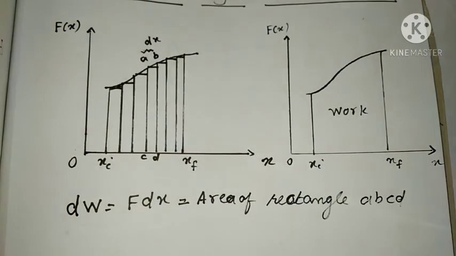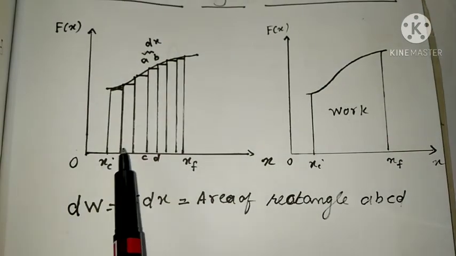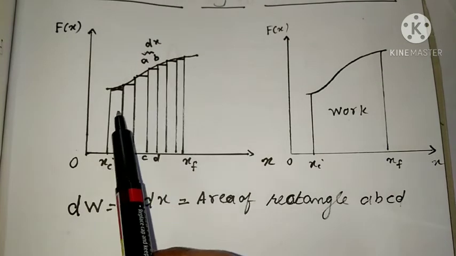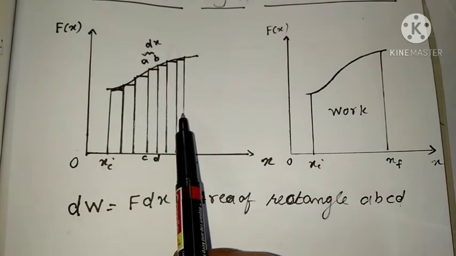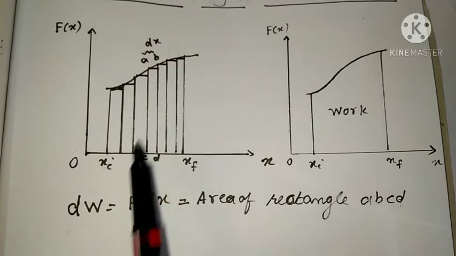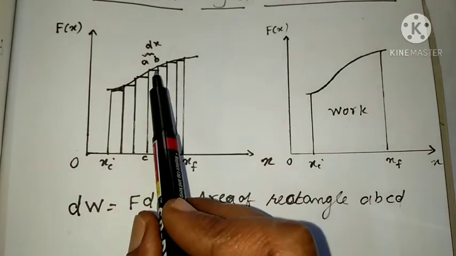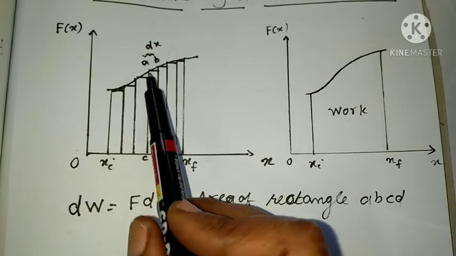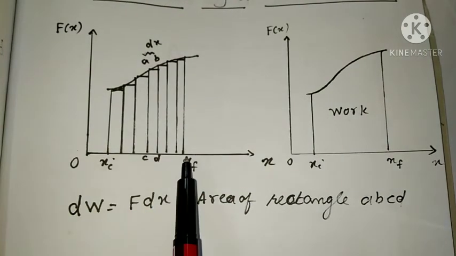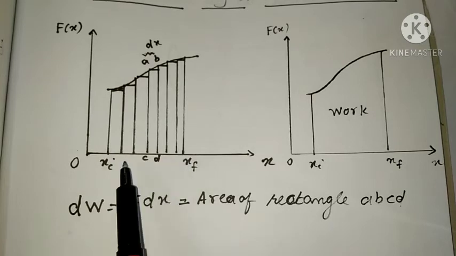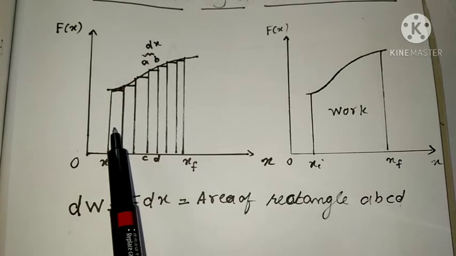To get the total work done, note that there are a number of small equal displacements dx, and dw is for one such displacement. To calculate the total work done from xi to xf, you should add all the dw.